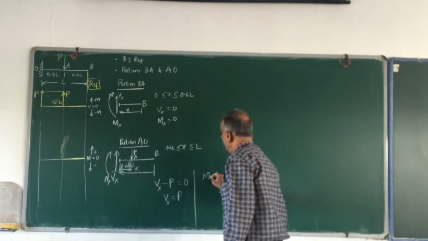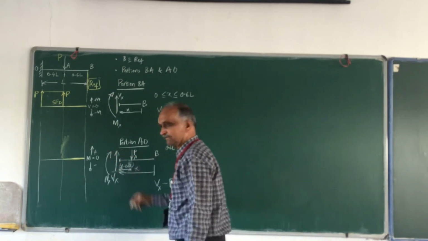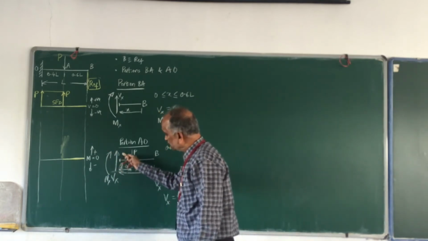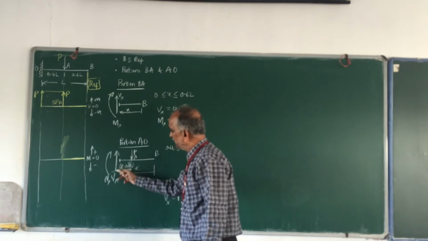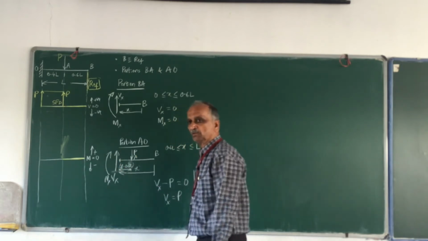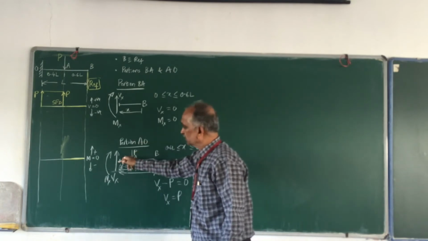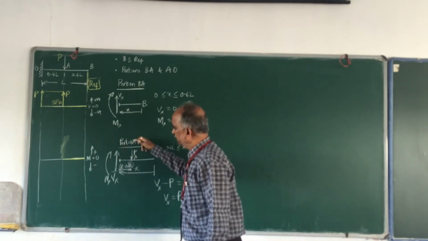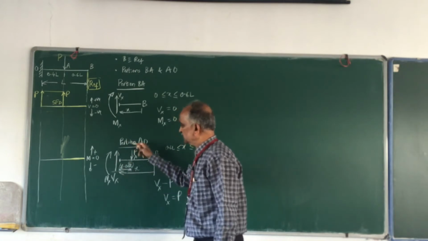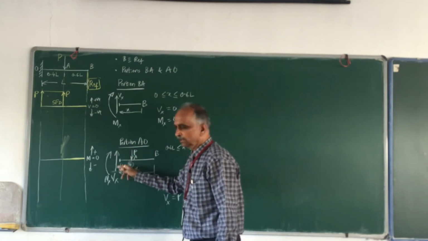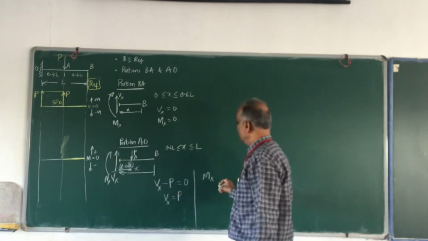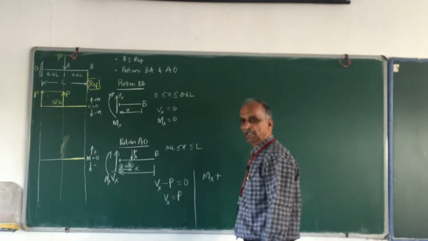Okay, so similarly, let me calculate what is Mx. Okay, let me do it here. Mx, I start with this Mx. I am taking moment about this section. This Vx is in the same section, therefore it will not form any moment. Then P will form moment about this section. What is the sign sense, the direction? That is clockwise, and my Mx also is positive clockwise, and therefore this is plus.